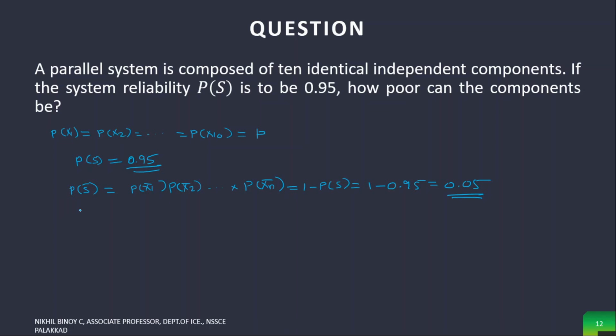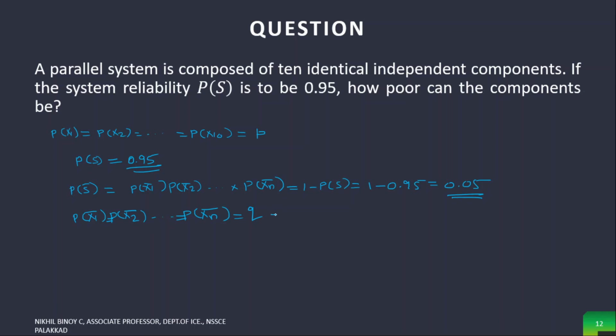So for convenience, we can write P of x1 bar into P of x2 bar into etc. into P of xn bar, where P of x1 bar equal to P of x2 bar equal to P of xn bar equal to Q. The probability of failure of the first unit is equal to the probability of failure of the second unit, etc., equal to the probability of failure of the last unit, equal to Q. Because the probability of survival of all units is the same, the probability of failure of all units is also the same.